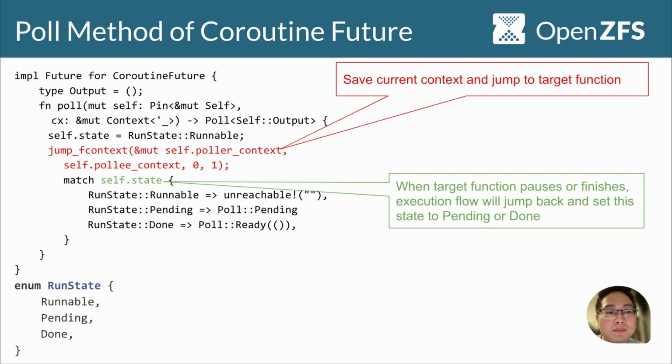When the target function pauses or finishes, the execution flow will jump back with the coroutine state set. And then the poll method can return based on the coroutine state. If the coroutine is pending, then the method returns pending. If the coroutine is done, this method can return ready.